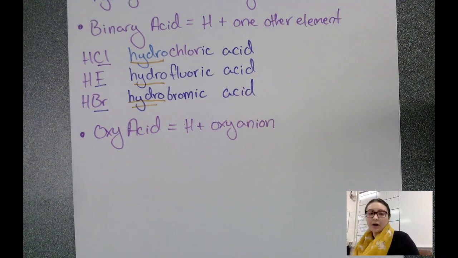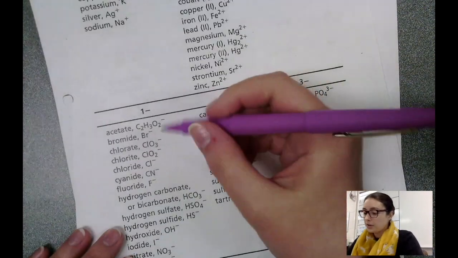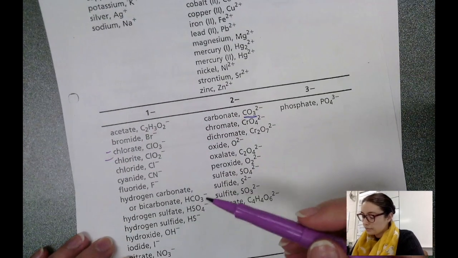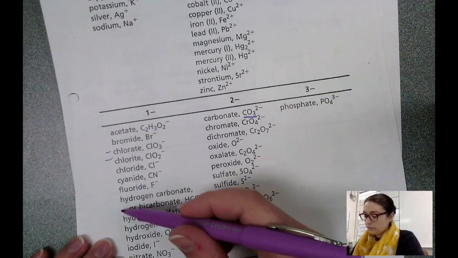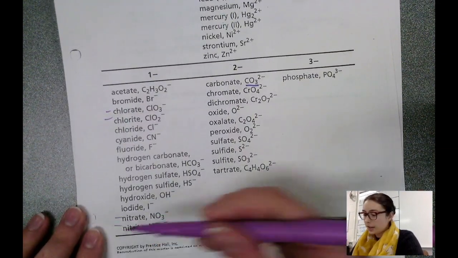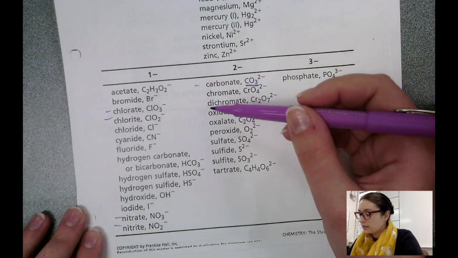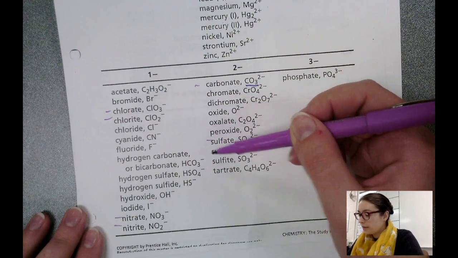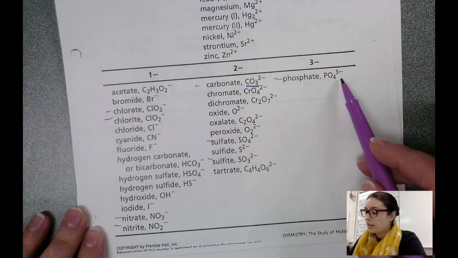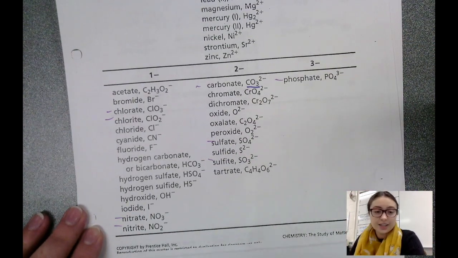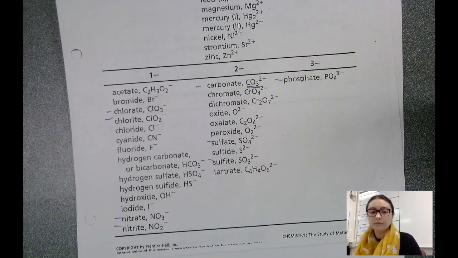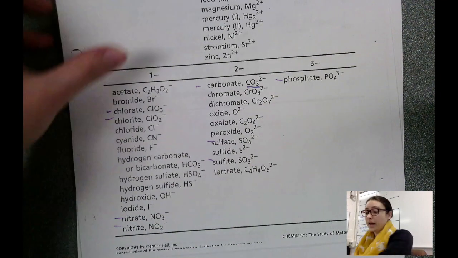So things that count as oxyanions are going to be things like chlorate, chlorite, nitrate, nitrite, carbonate, sulfate, sulfite, phosphate. All of those things, you see that they're oxyanions. There's oxygen in that polyatomic ion. All of those, if they're bonded to hydrogen, make an oxyacid.